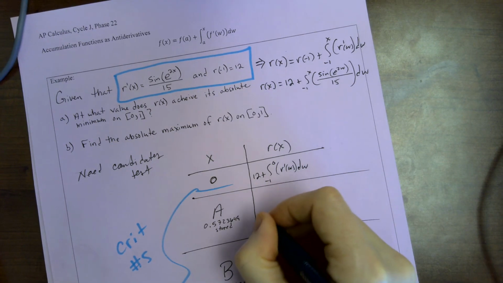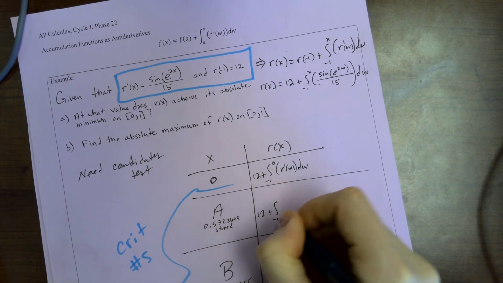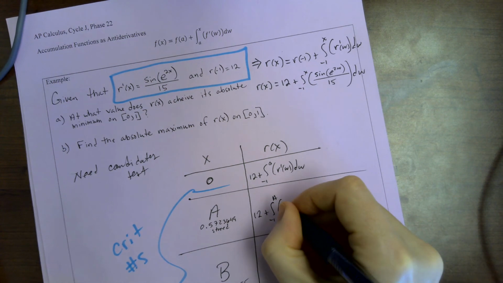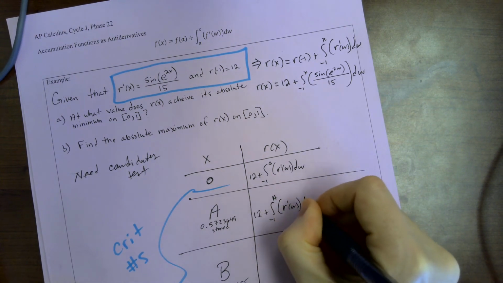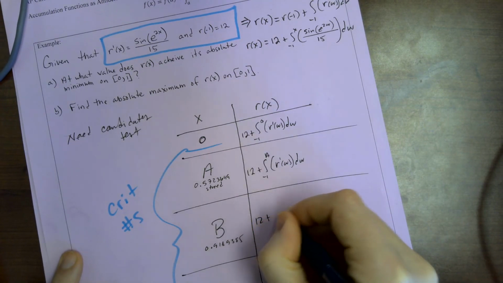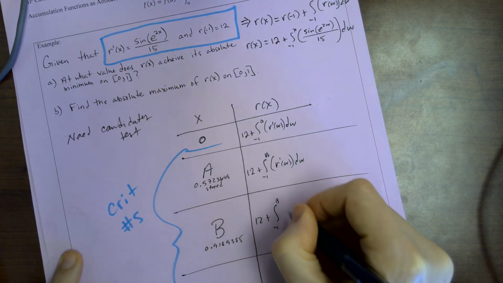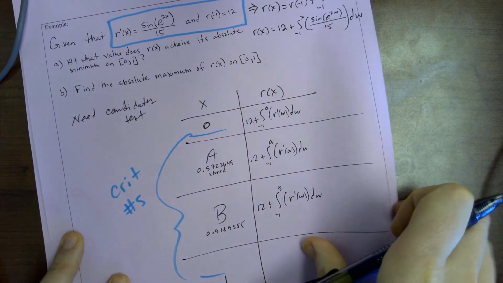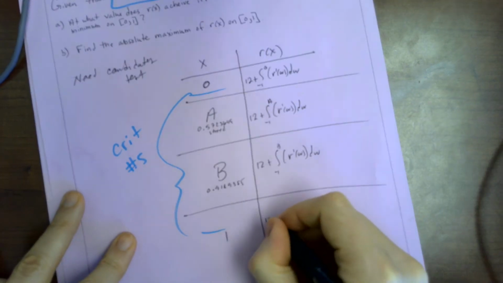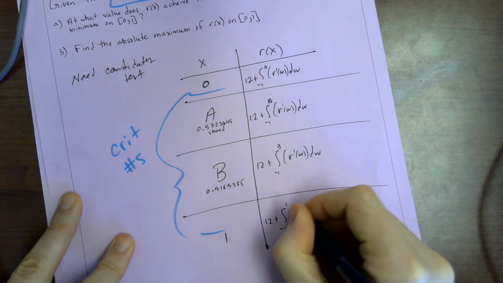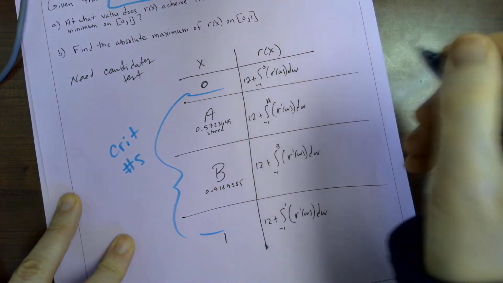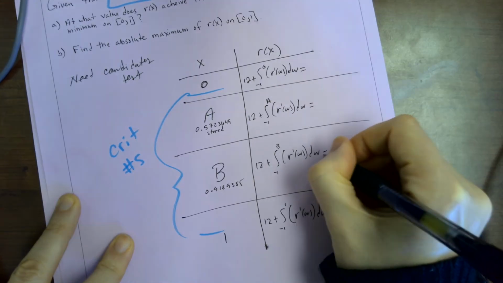And then for this one, we need 12 plus the integral from -1 to a. I have it stored in my calculator, so I can call it a. R prime of w dw. This will be 12 plus the integral from -1 to b, and then this one will be 12 plus the integral from -1 to 1.